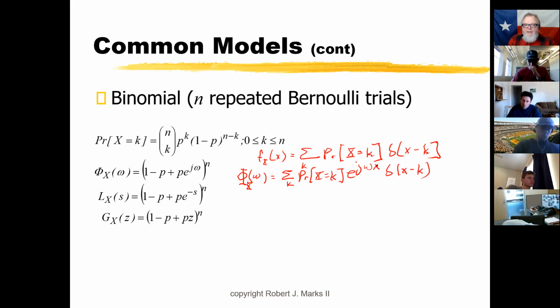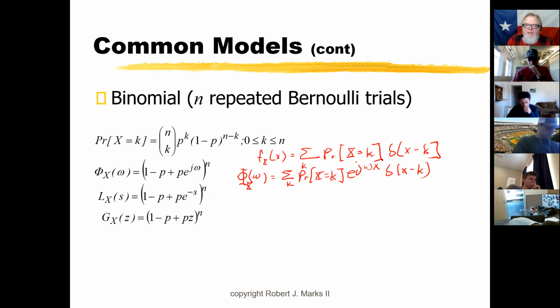So that's the characteristic function of a discrete random variable of the lattice type. Lattice type is when all of the probability masses exist and live on integers.